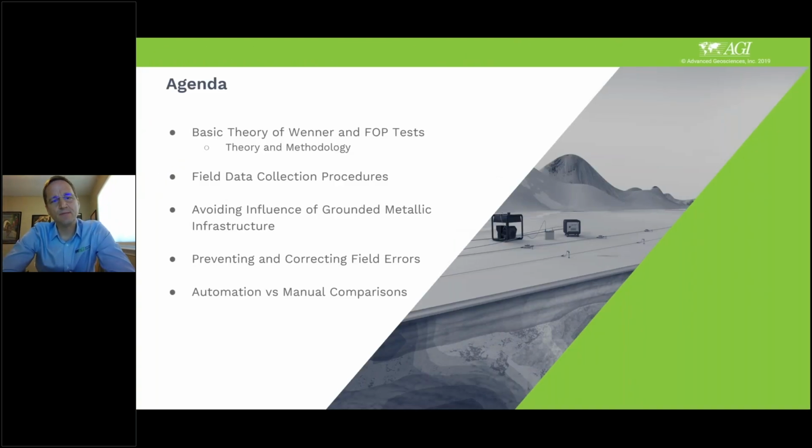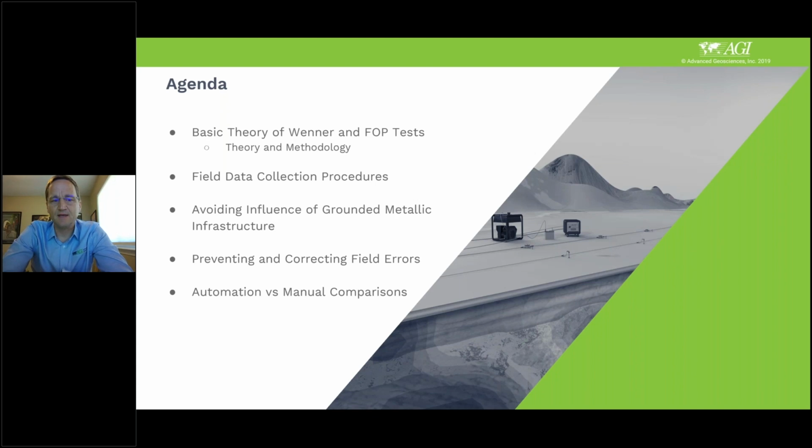Here's the agenda. Basic theory for Wenner. Of course, Schlumberger is just a slight change in the geometry, similar screens, field data collection procedures for all of this, how to avoid site issues.